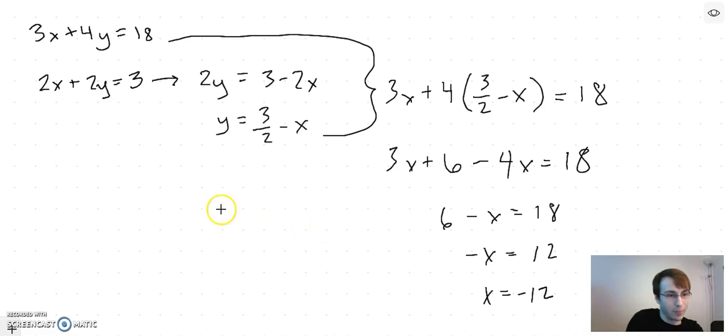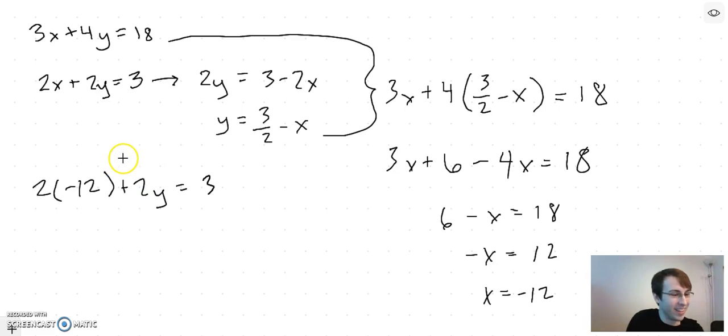Great. We'll just solve for y also. So if we plug that back into this equation, it doesn't matter which equation you pick, but I'm just choosing the one with smaller numbers. So 2 times negative 12 plus 2y equals 3.